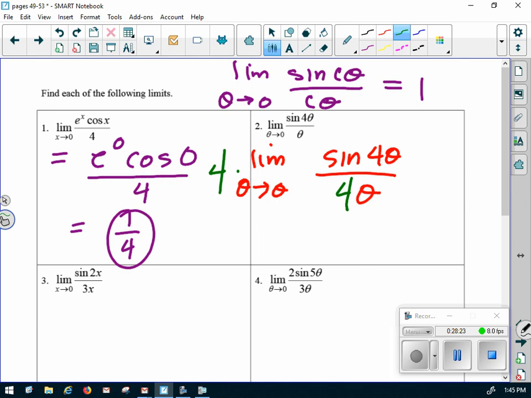Remember, I could put the 4 inside right here, but then I could pull it out anyway. I'm putting 4 in the numerator and the denominator. I'm multiplying top and bottom by 4, which means I'm multiplying by 1. But that 4, I don't really want it to be there.